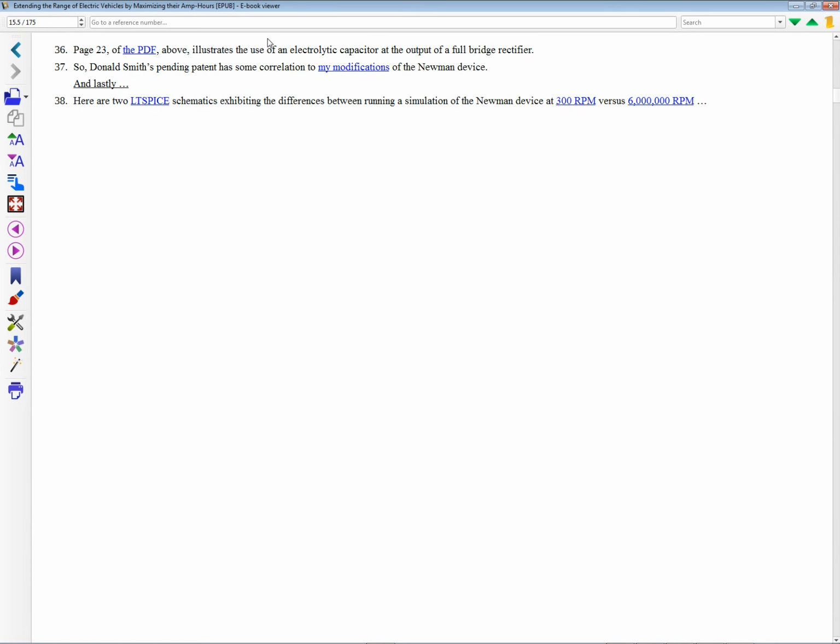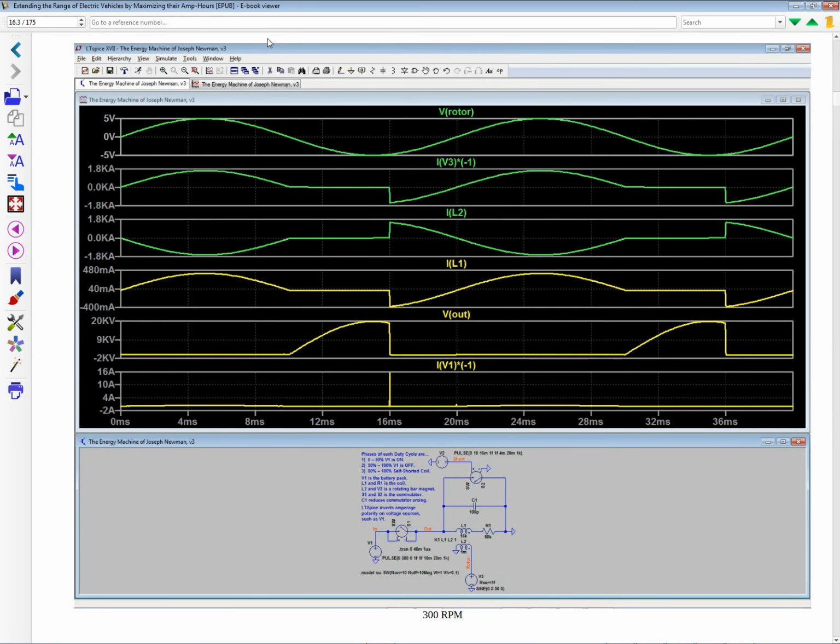This is an example of a 300 RPM version, which, assuming you could get the rotor to spin that fast, it's more likely to spin a lot slower than that. But I did the simulation as I chose 300 RPM, what can I say?